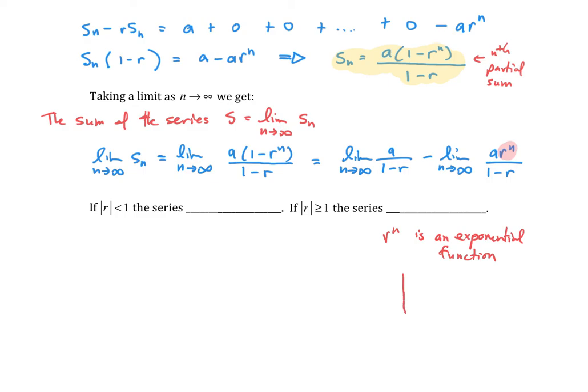So just as a quick reminder, if r is bigger than 1, the graph looks like this. If r is between 0 and 1, the exponential function looks like this. So my point is that when r is bigger than 1, the series is going to diverge. And when r is between 0 and 1, where really the absolute value of r is less than 1, then this converges. We had seen that last time. And what does that converge to? That's going to go to 0.